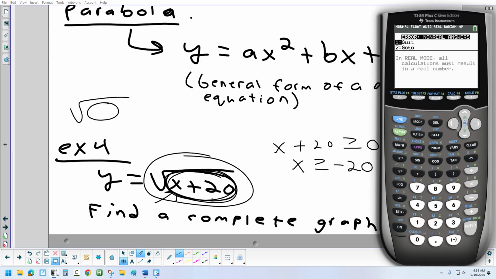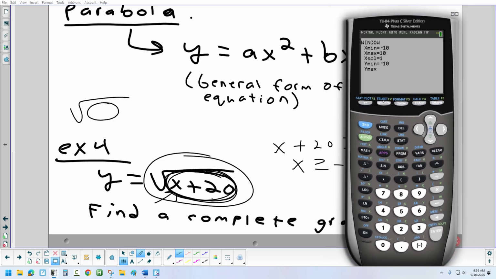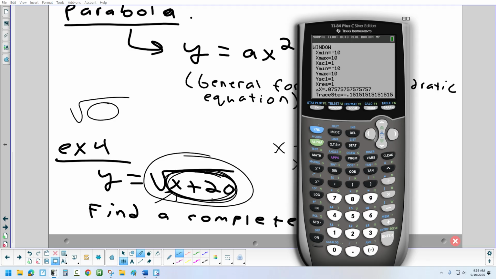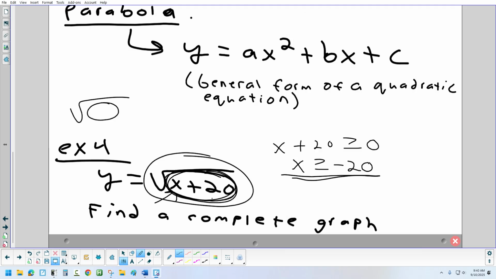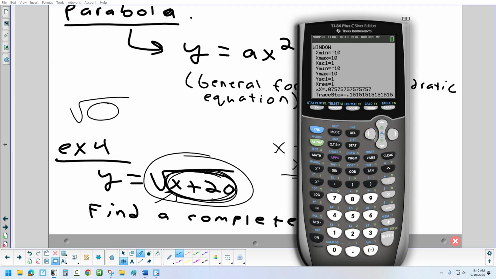So, knowing that you can put in any number negative 20 or higher, if you go to your window, we're not going far enough to the left. What number do we have to adjust so we go as far left as we need to? We need to adjust the x min.